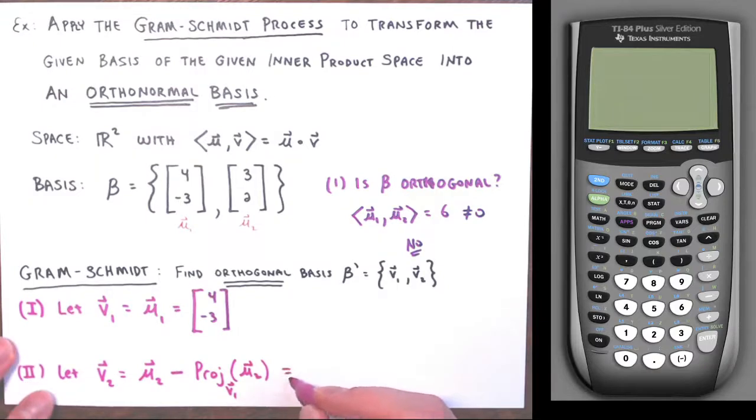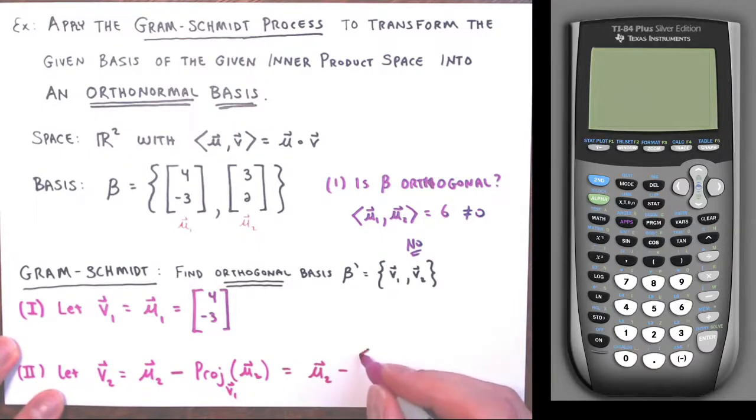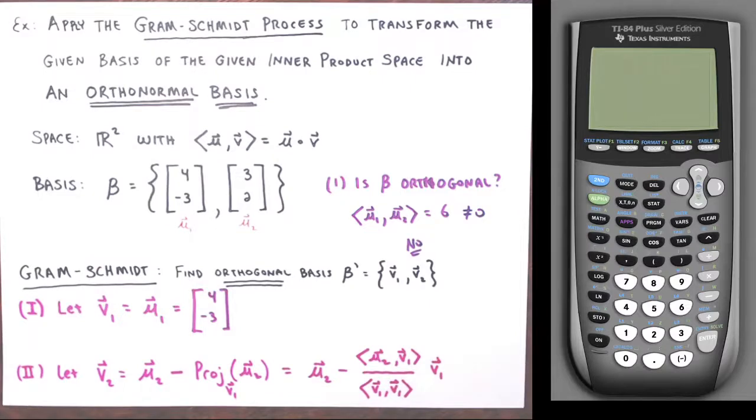Using the formula for a projection, this is u2 minus the inner product of u2 with v1 divided by the inner product of v1 with v1, times v1. All right, let's fill in all these numbers and see what these are.